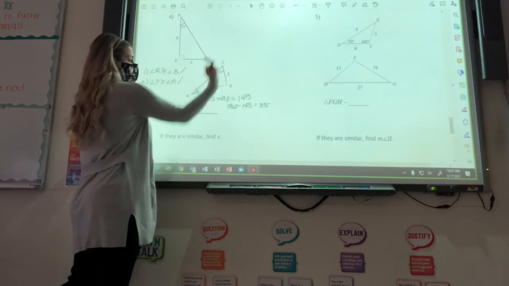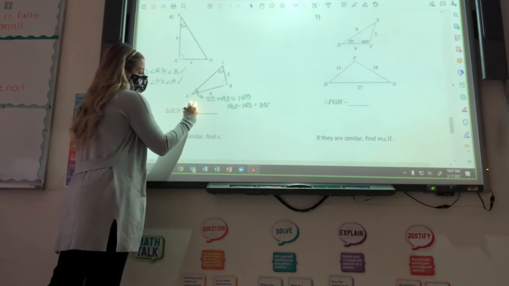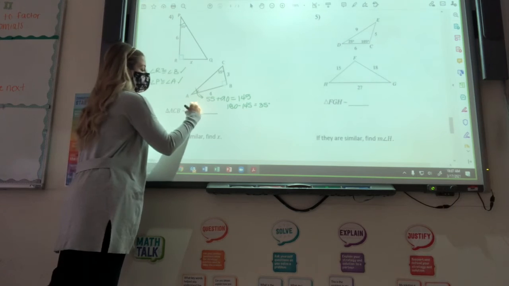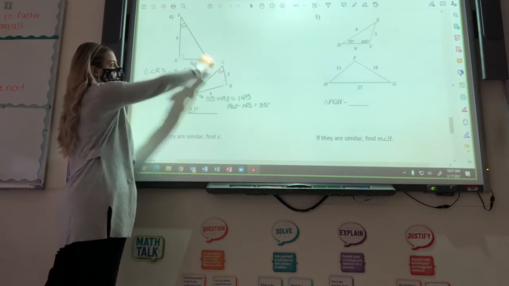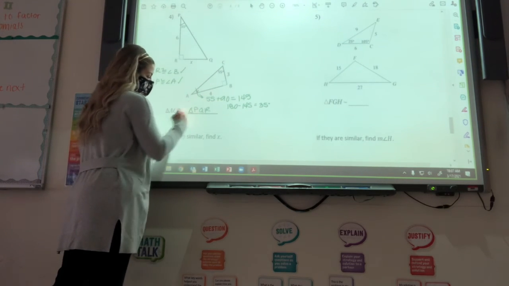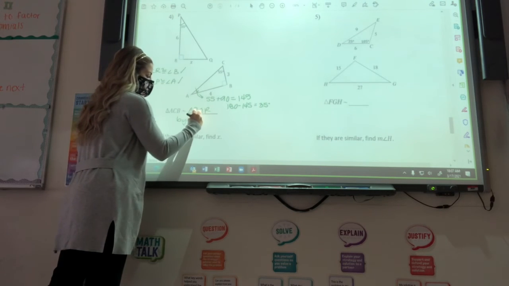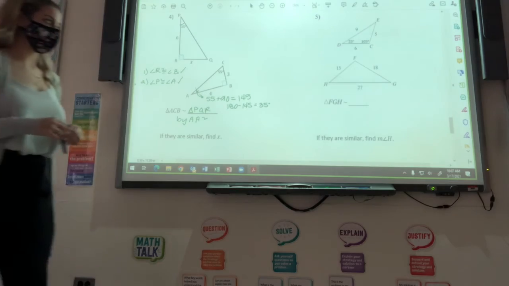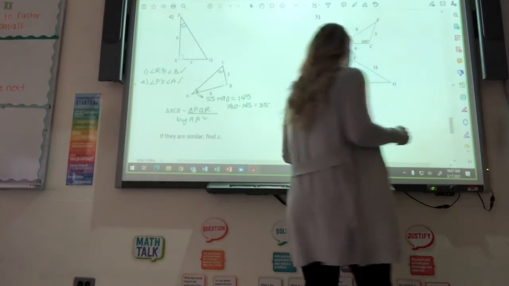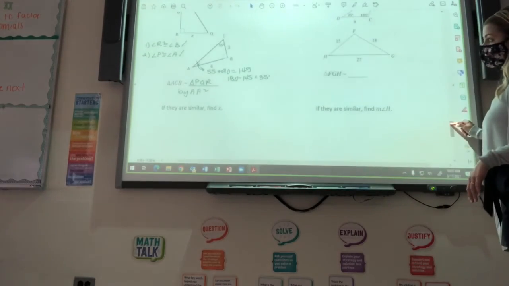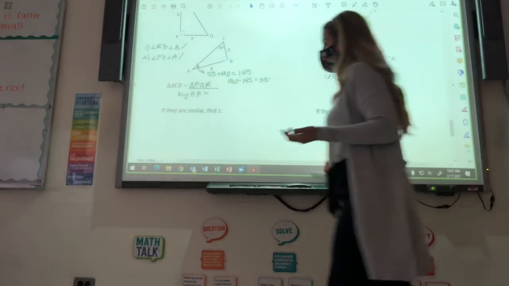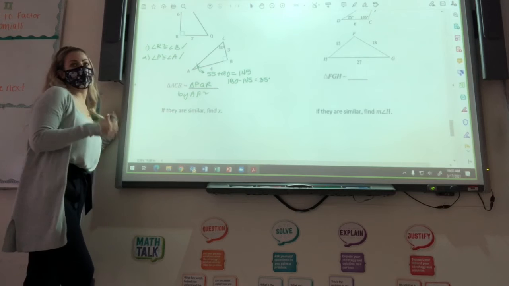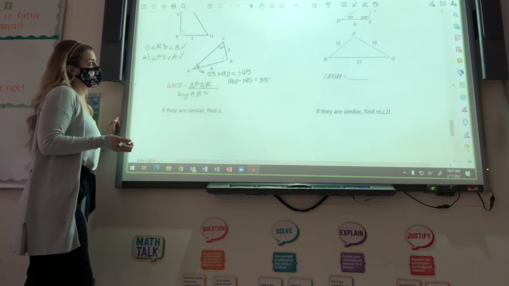So ACB is similar to, the other angle that matches with A is P, and then it goes to C, so Q, R by AA similarity. Because they're similar, I could find X now because I know the ratios have to be the same, so I could set up a proportion.